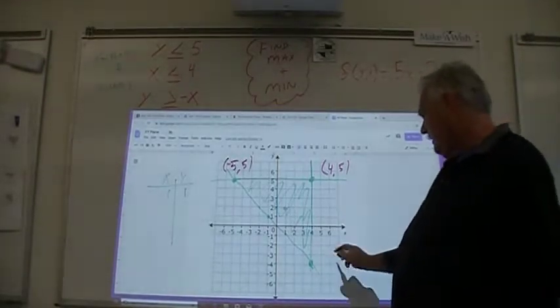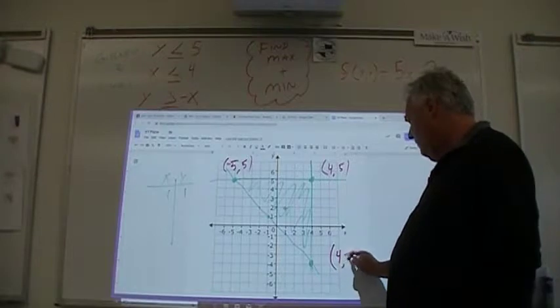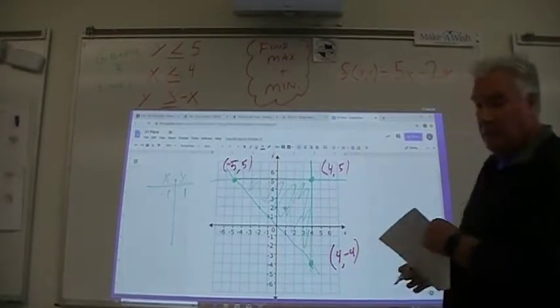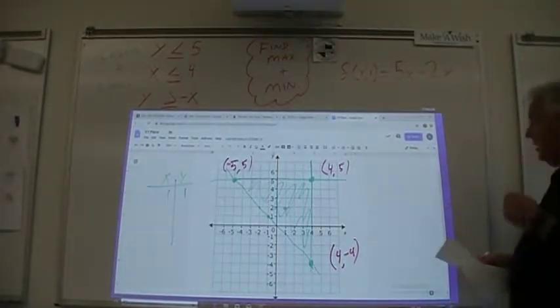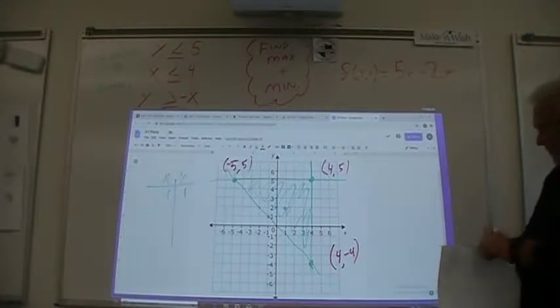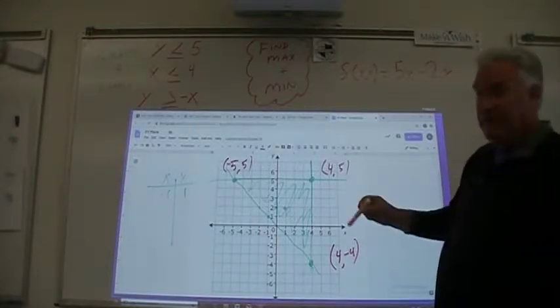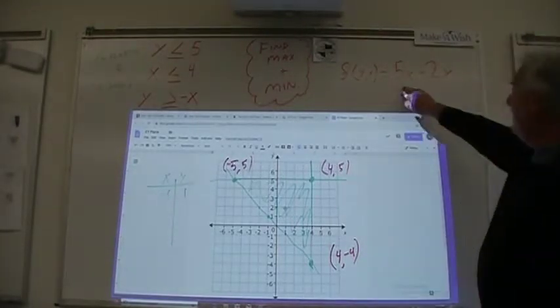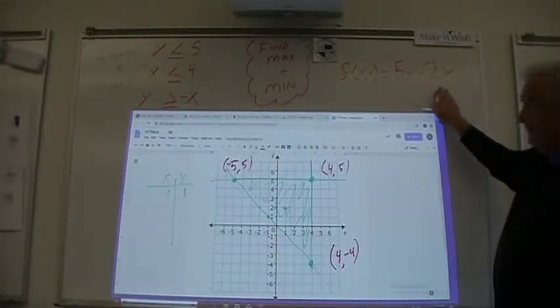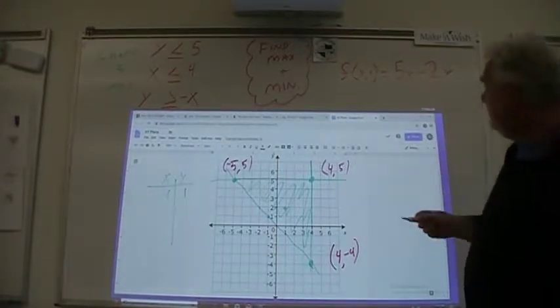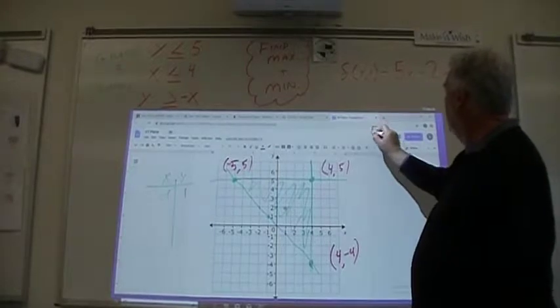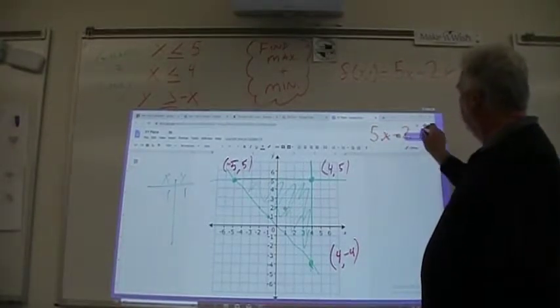And this point is 4, negative 4. So what do we do with those 3 points? What we do with them is put them into this expression. The expression is 5x minus 2y.